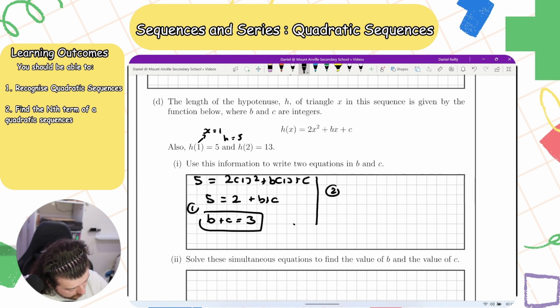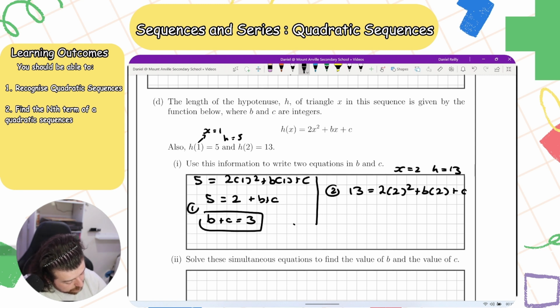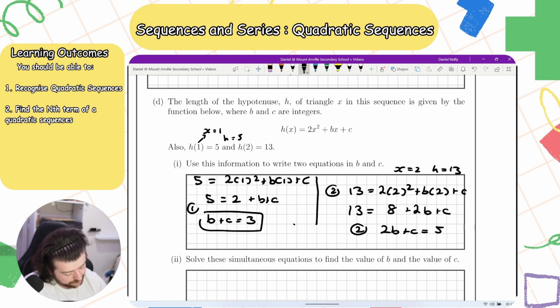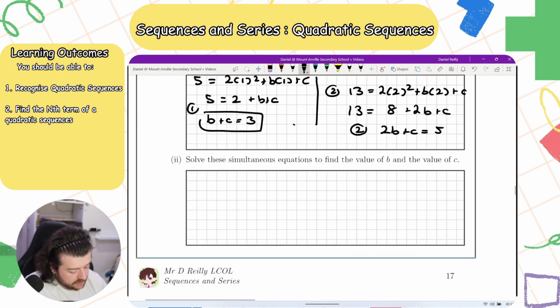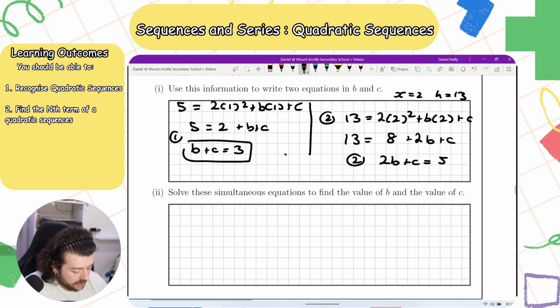Second one here, I'm going to have h of 2 is equal to 13. So 13 is going to equal 2 times 2 squared plus b times 2 plus c. So when x equals 2, h is equal to 13. 13 equals 2 times 2 squared, which is 8, plus 2b plus c. So a second equation is going to be 2b plus c is equal to 5. Now it's asked me to solve these simultaneously to find the value of b and c.